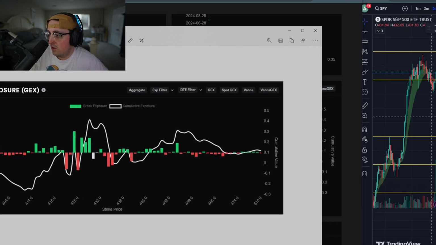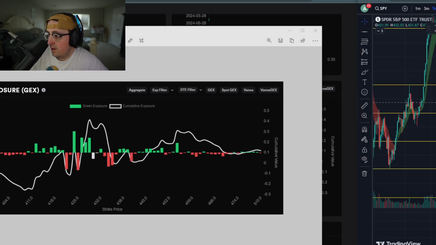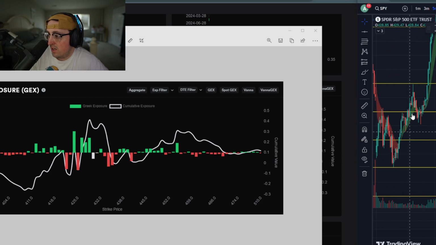You can see earlier today that the price kind of headed towards that 430 level. This is where we rejected. So price headed towards that negative level, 430, and we rejected it. And then you could see that there are more negative levels up higher. So dealers were forced to buy the underlying and drive the price up, if that makes sense.